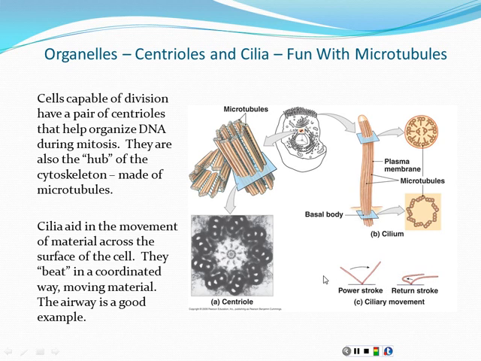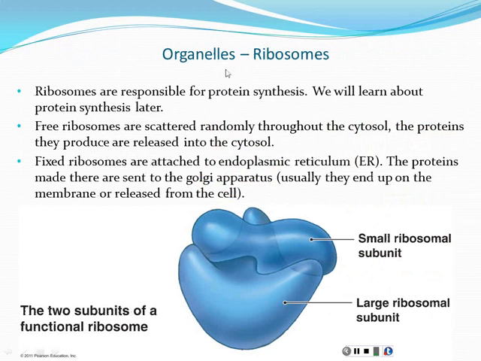We see them in the respiratory epithelium, which we'll talk more about next semester. But basically, the cilia help to keep mucus moving through the respiratory tract. And we also see cilia, they make up the tail of the sperm cell as well. So both of these structures are made up of microtubules, and microtubules are the largest of the cytoskeleton components. Okay, so centrioles and cilia. All right.